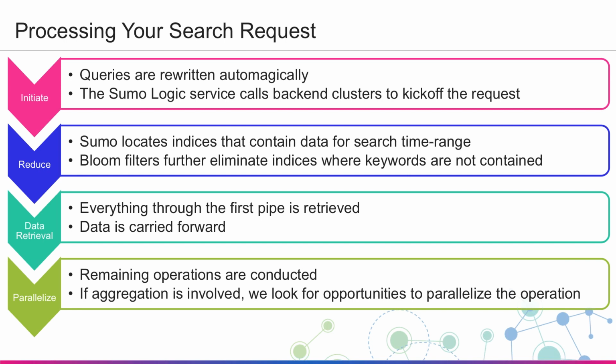While the remaining operations are being conducted, we look for opportunities to parallelize the operations. So if you're using sum and count operations, we'll look for ways to use what we call MapReduce in the background, right? For those of you who are familiar with big data analytics, we are going to be able to process your data in multiple streams.